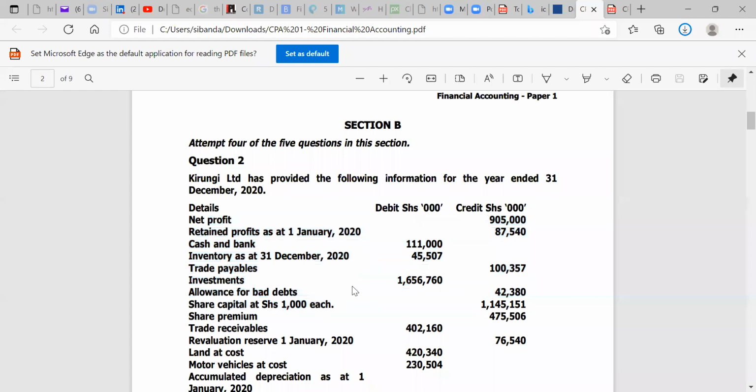title. This is Kilungi Limited. So call it Kilungi Limited adjusted profit for the year ended 31st December 2020.